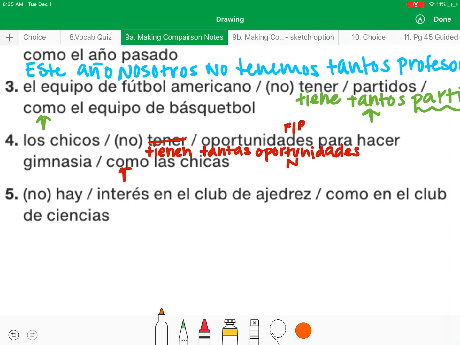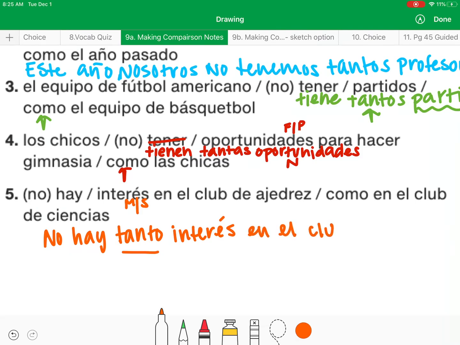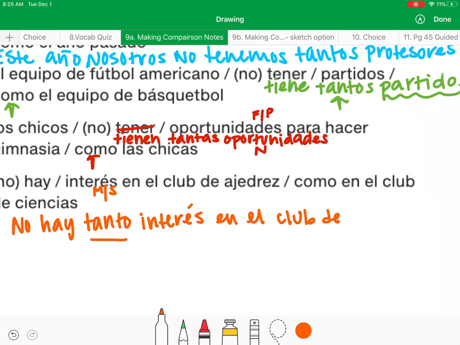Okay. So we've got no hay tanto. Okay, interés is masculine and singular, so that's why we're using tanto. Interés en el club de ajedrez como.